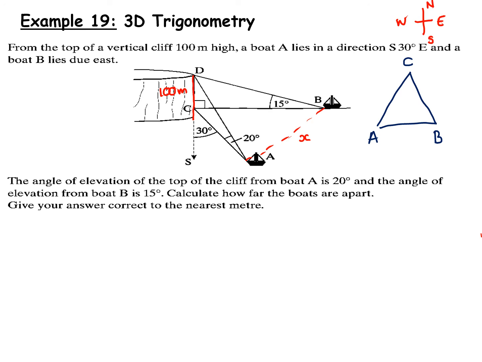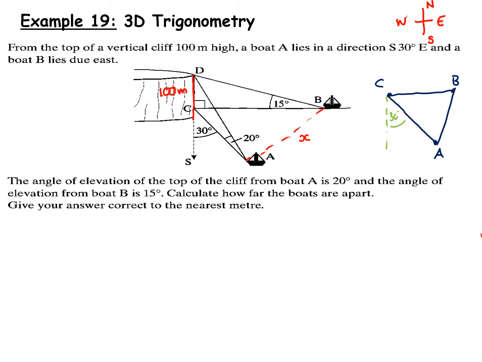I probably haven't drawn it grey here, so let me go again just to really demonstrate it. We have C, B lies due east. So there's C, there's B, and A lies somewhere like that, and we were told that it was south 30 degrees east.